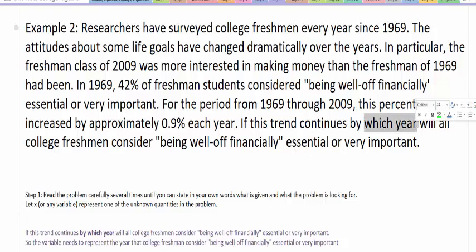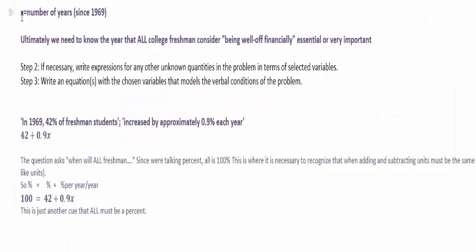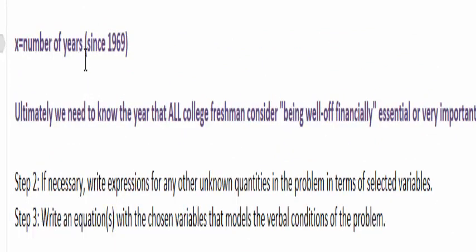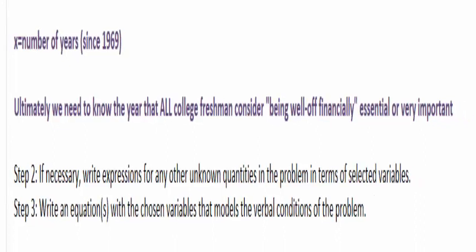But this can be a little confusing because we're not actually going to be able to make an equation with our year. We're going to make X the number of years since 1969. But we have to remember that ultimately we need to know the exact year that all college freshmen consider being well off financially essential or very important. Okay, let's try and make some equations.